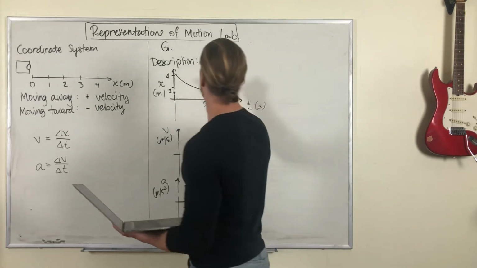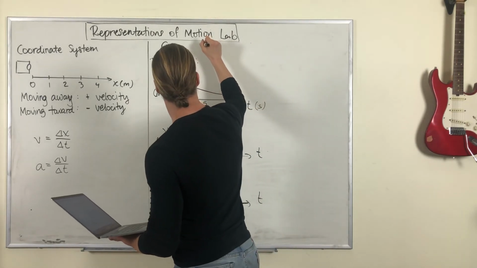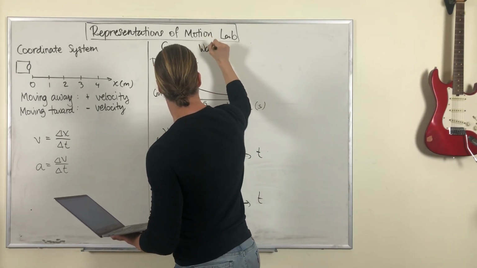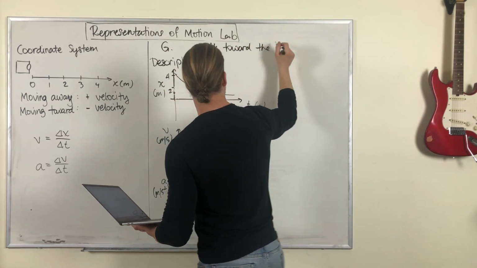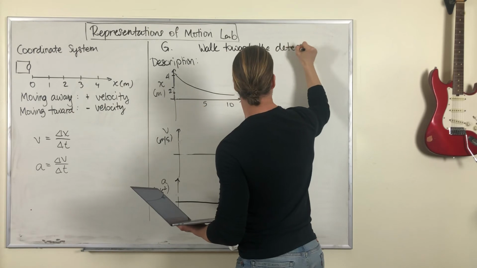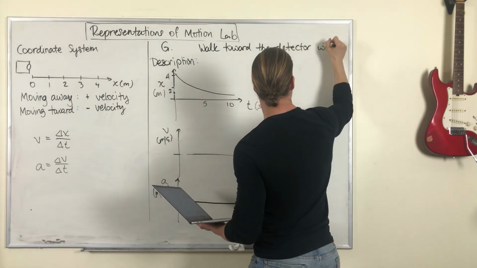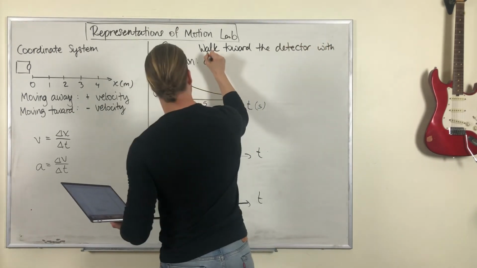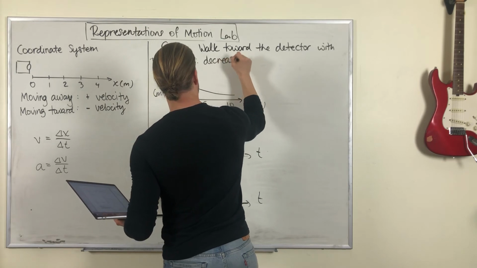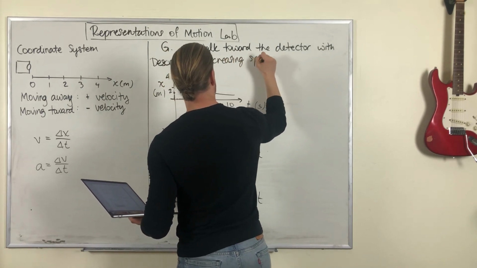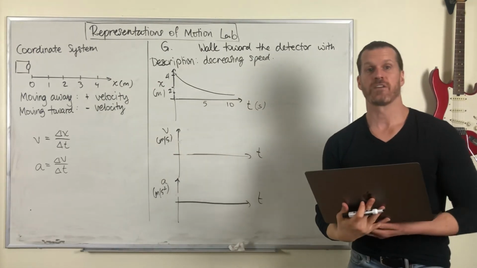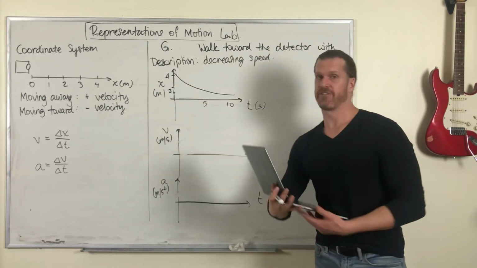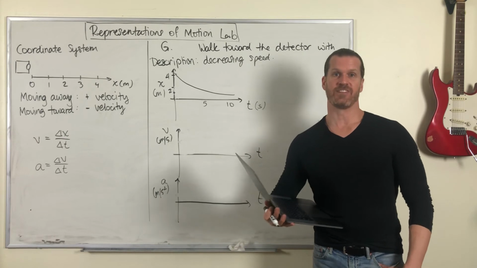So let's describe this motion. You're walking toward the detector with decreasing speed.